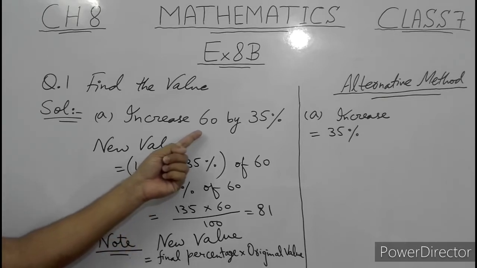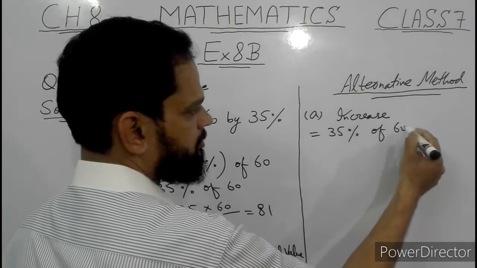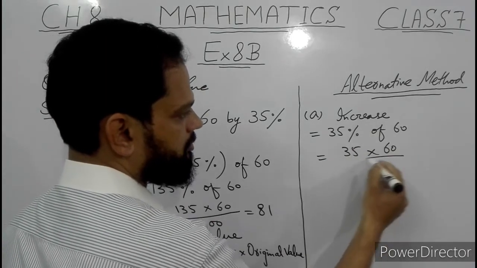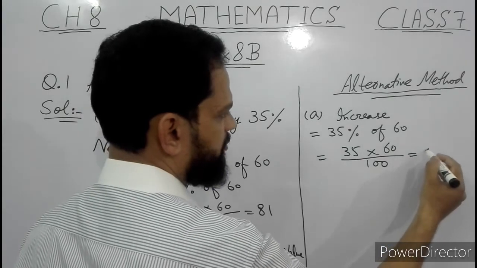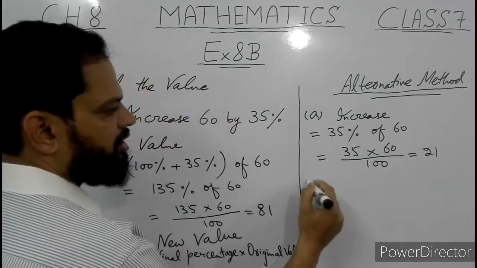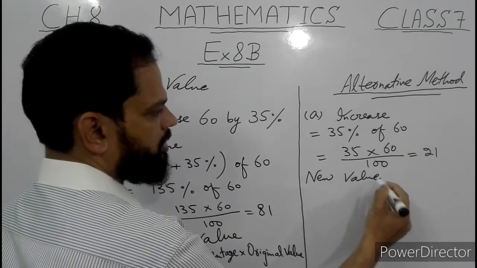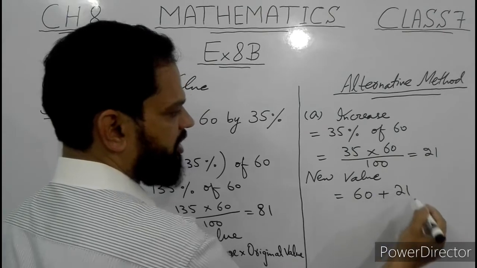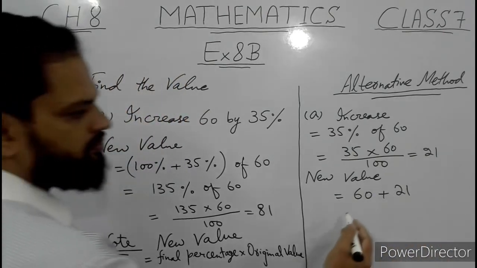As we are increasing 60, the percentage will be of 60. By using calculator, we will get 21. New value is equal to original value plus increase, because we are increasing 60.